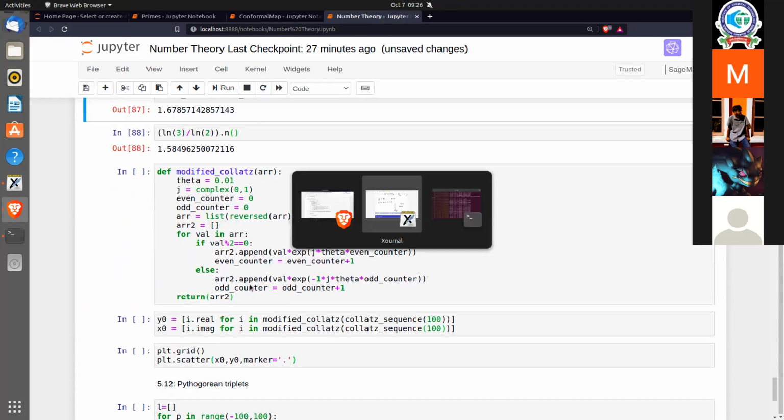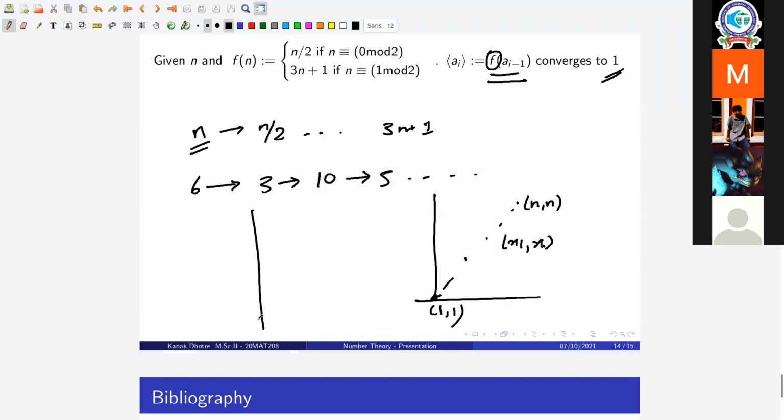So now here is what I'm doing. I'm considering the y-axis, and the sequence that I'm getting ends at 1, right? So what I do is I reverse this list. So I go from 1 and so forth to 5 to 10, and then end up at 6, right? I'm reverse engineering the list essentially. So I start at 1 comma 1, right? And every time it's an even number, I rotate it essentially by some angle theta, right?